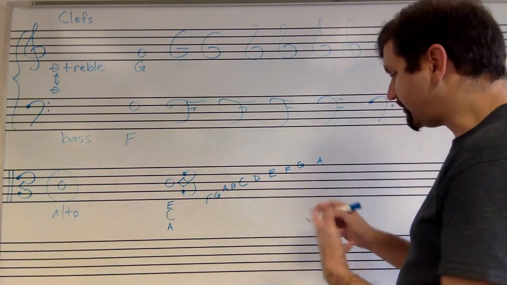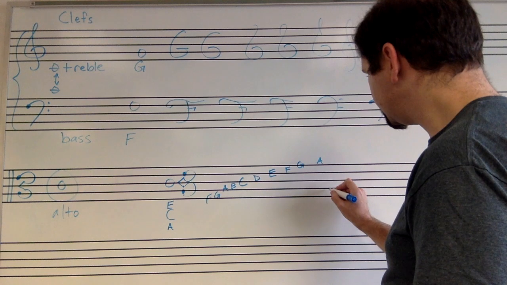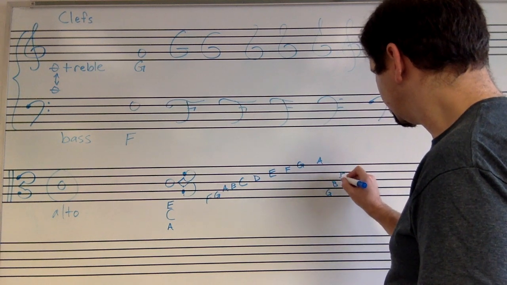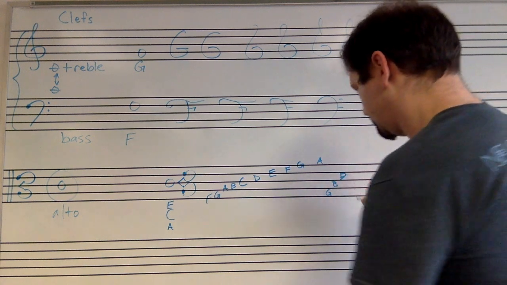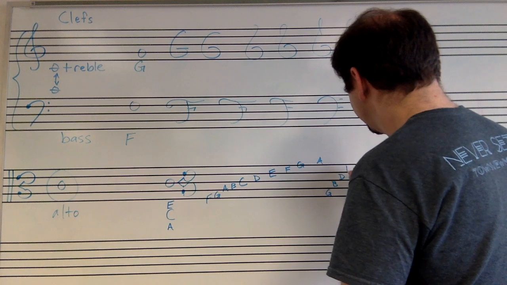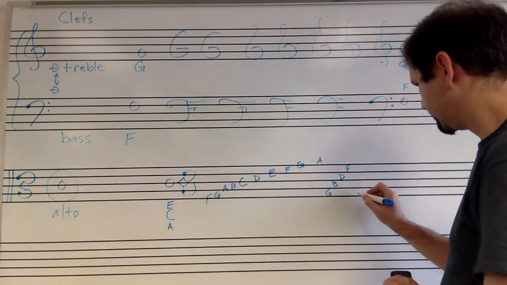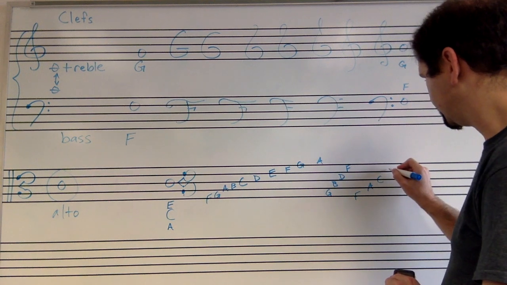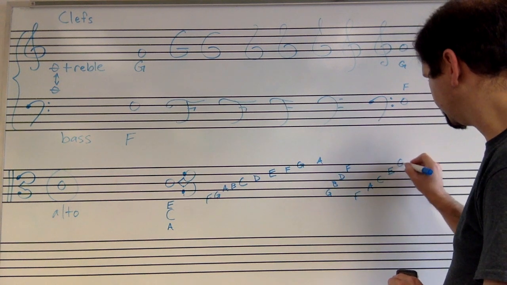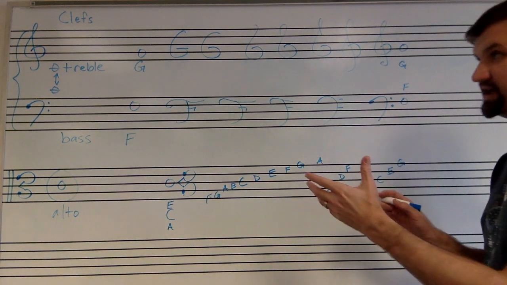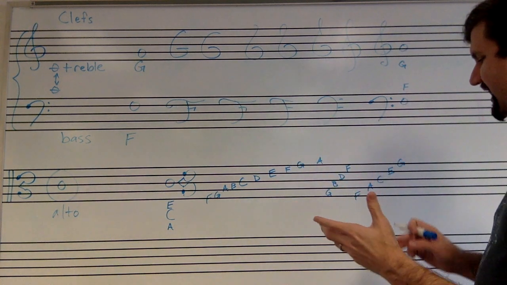Some people will come up with mnemonic devices for these. You'll notice that they're very similar to the spaces and lines that we talked about with the other clefs, but they've been shifted.